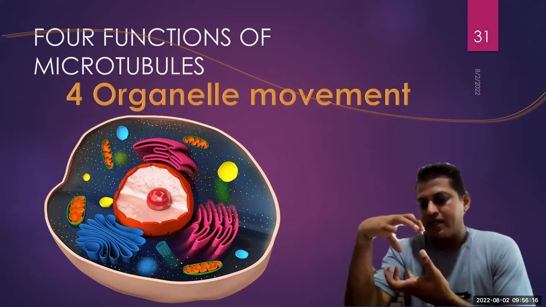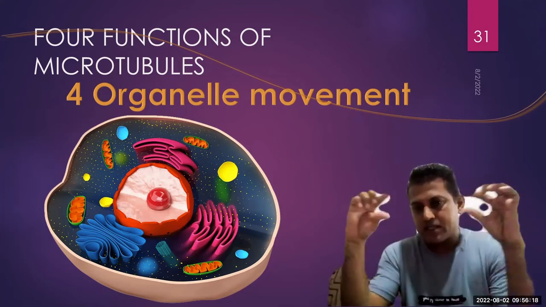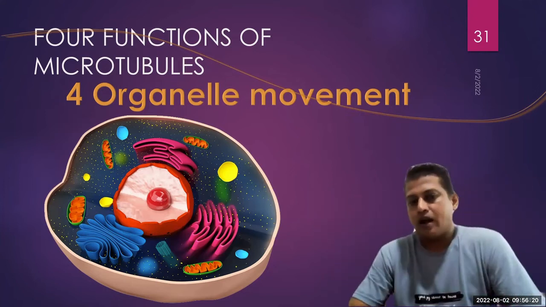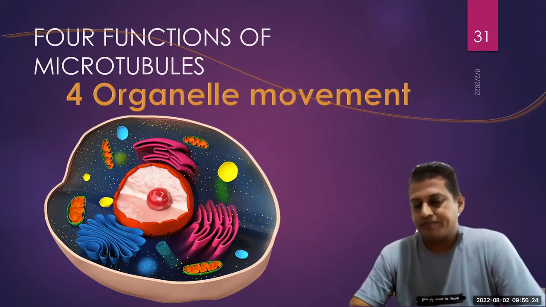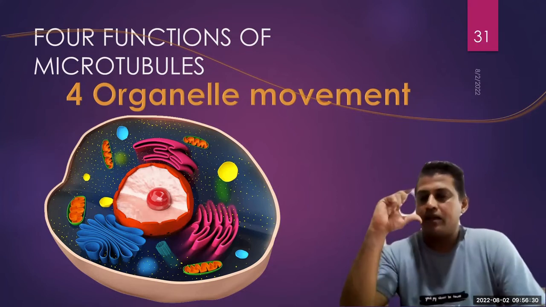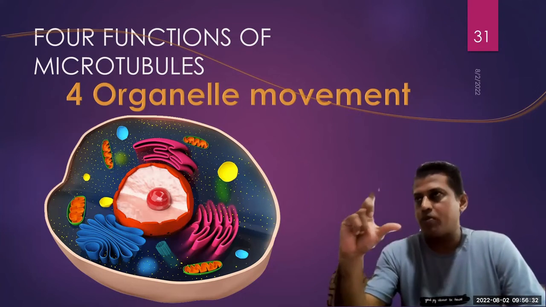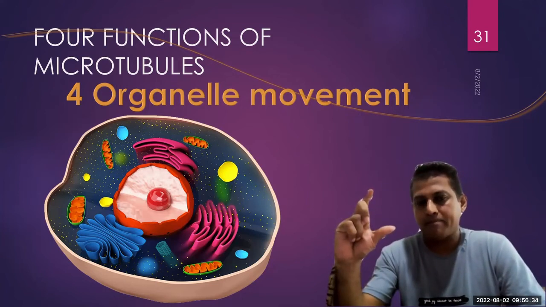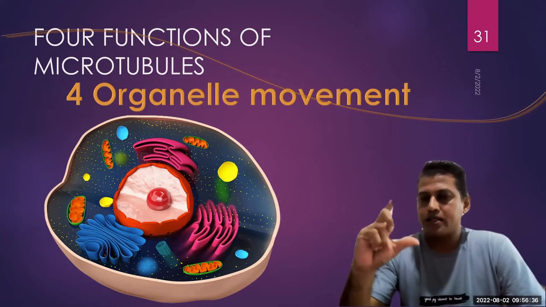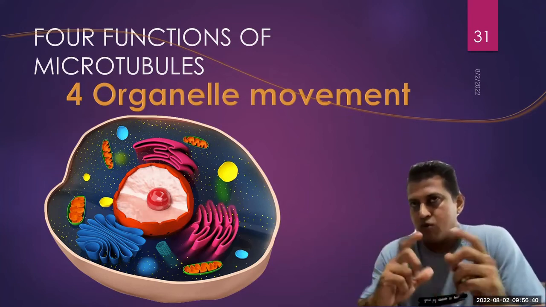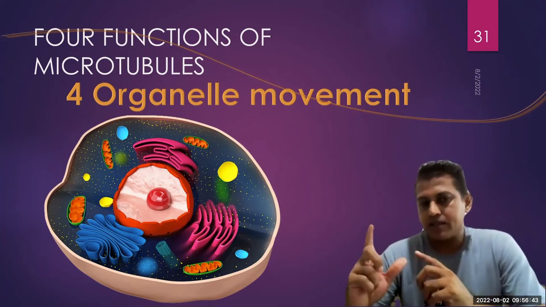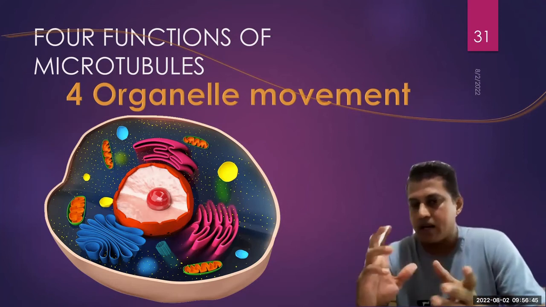If you take this plant cell, the first layer is the epidermis, and under that layer, there's a second cell layer. This cell layer is called palisade cell. And this cell contains a large amount of chloroplast. So the chloroplasts are moving within these cells based on the sunlight.